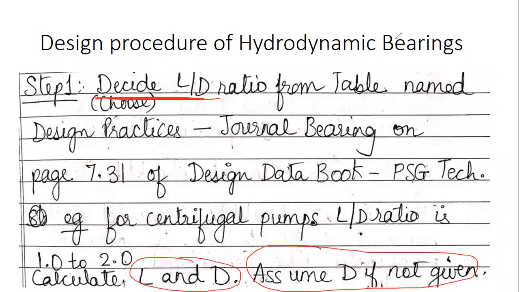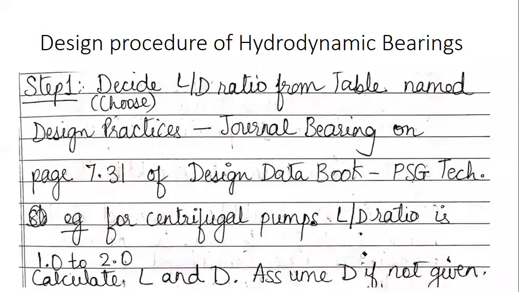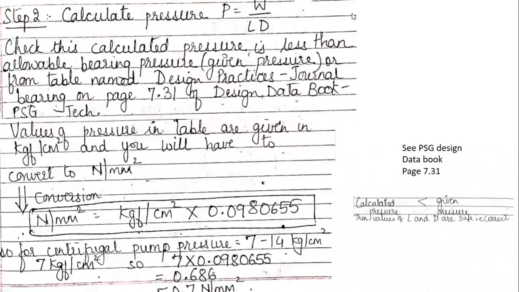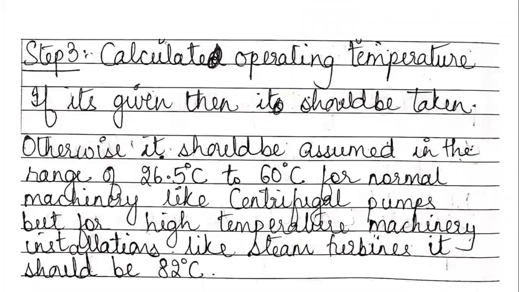So first step is select L by D ratio and calculate length of the bearing and journal diameter value. Next step, you have to calculate pressure and check if this calculated pressure is less than given pressure or not. Third step, you are going to calculate operating temperature.